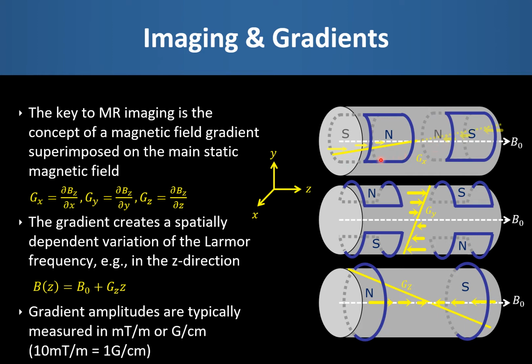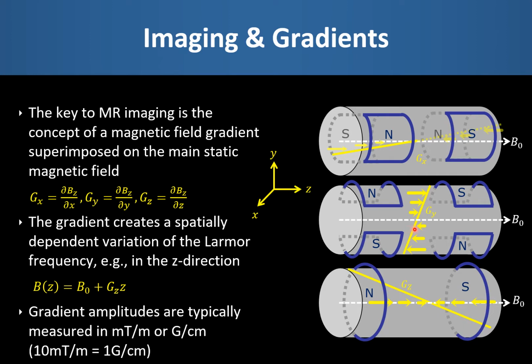We will then have a strong magnetic field from north to south, nearest the surface of the gradient coil assembly, and then decreasing linearly towards the center of the coil arrangement. This magnetic field will add to B0. The gradient will be 0 at the isocenter, and then because of the opposite polarity arrangement on the other side of the assembly, the gradient amplitude will again increase linearly, but in the opposite direction, subtracting from B0.